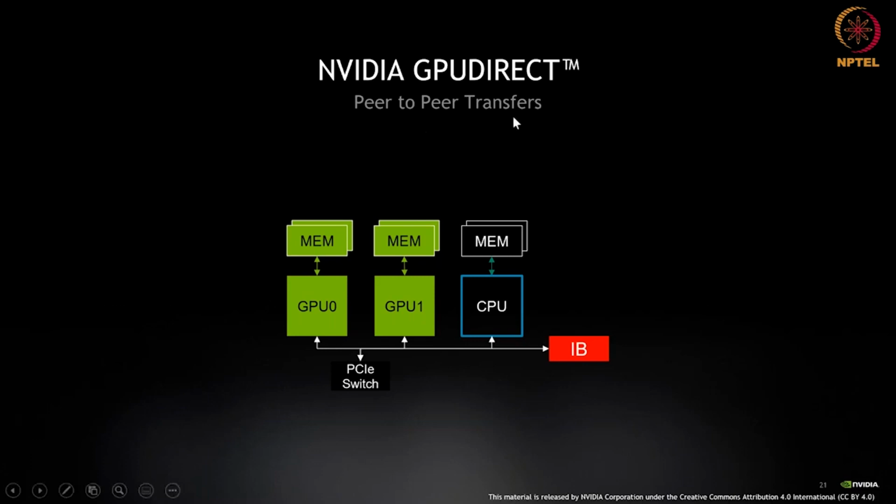What GPU Direct basically means is that if one GPU is connected to the other GPU in a friendly peer-to-peer manner, which can allow GPU Direct, the GPUs can directly talk to each other, which means one GPU can directly transfer the data to the other GPU, and it does not need to depend on anything else to do the transfer. That matters, and it is dependent completely on the kind of system that you have the GPU in.